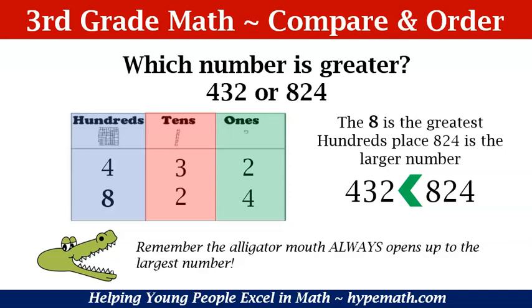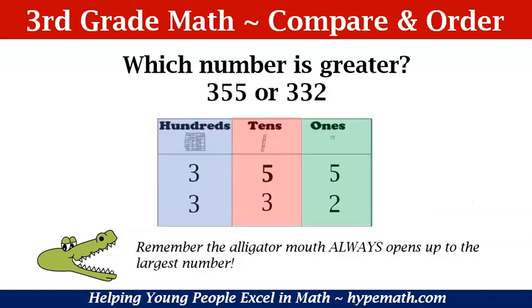Let's look at another example. Which number is greater, 355 or 332? We are going to line our numbers up. That's step 1. Step 2, we are going to look at our place values. In looking at our place values, starting to the furthest left in our hundreds place, we see that our numbers are the same.